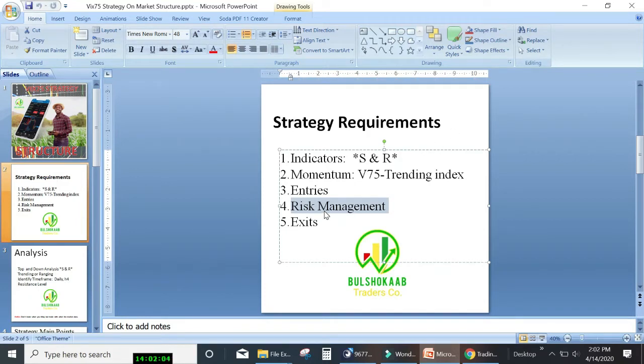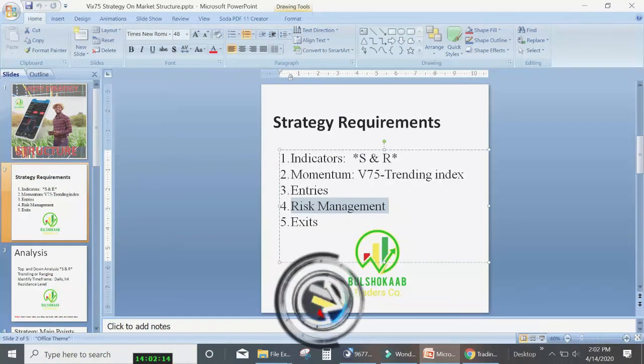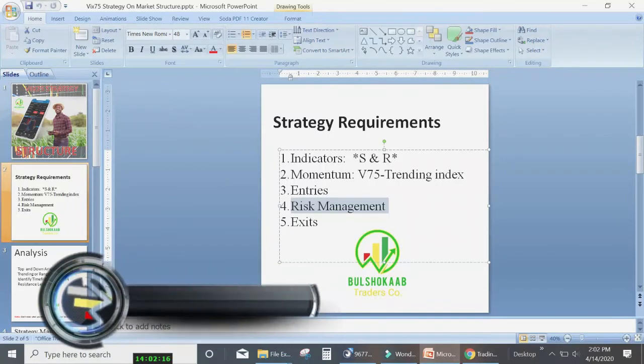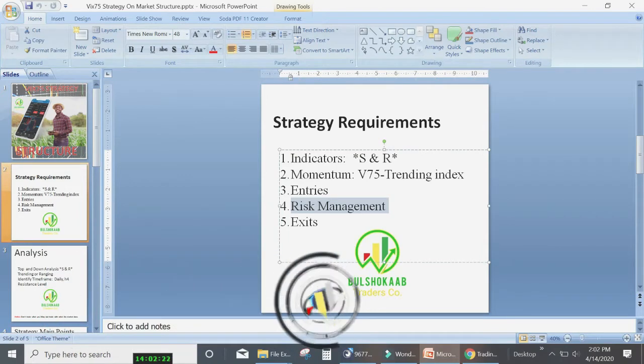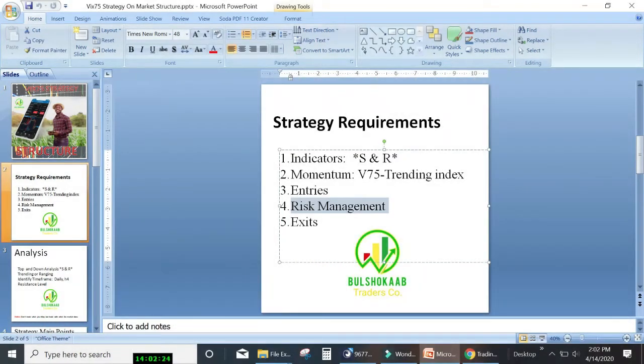Let me tell you something very exciting: Volatility 75 is a volatile index. I mean, Volatility 75 moves fast.